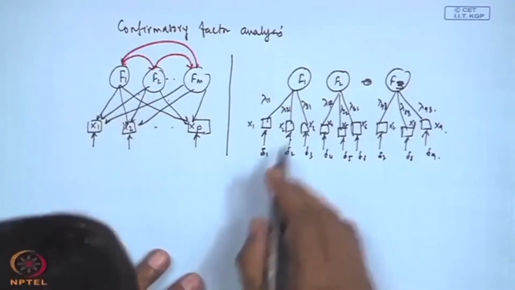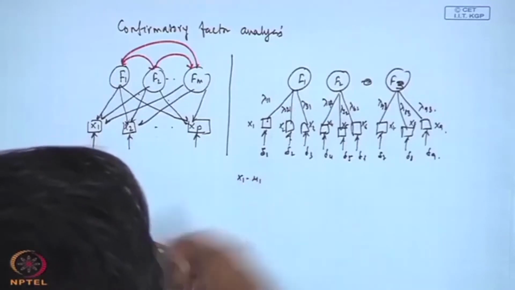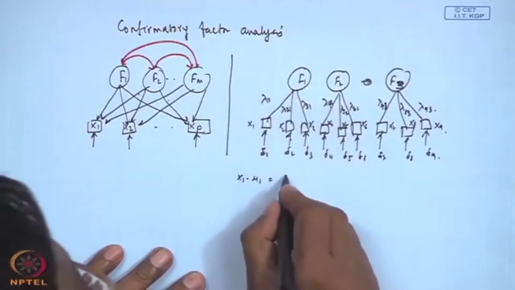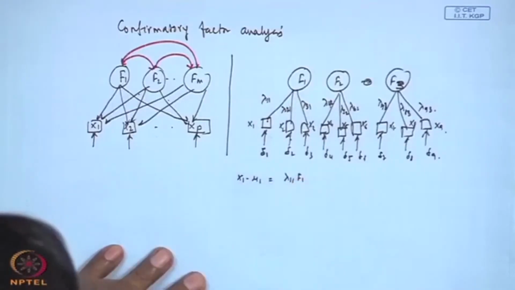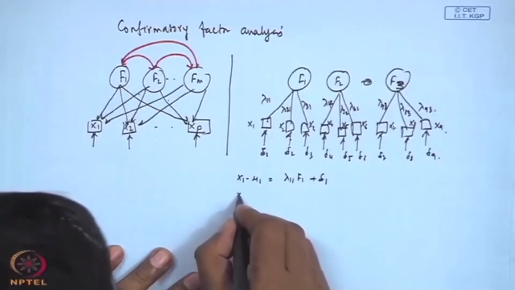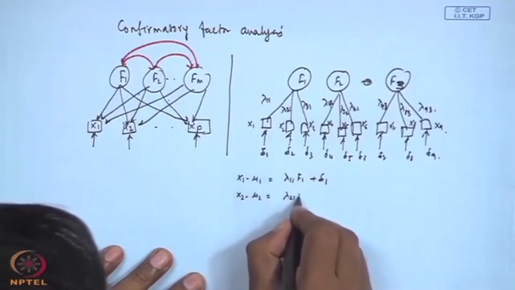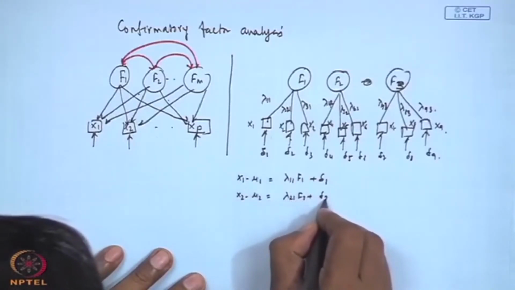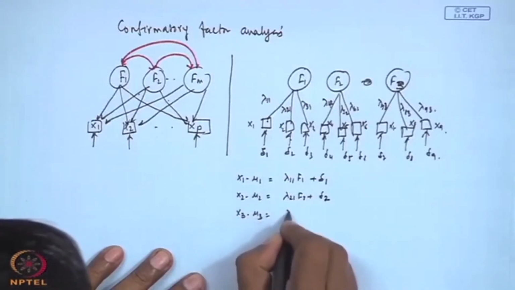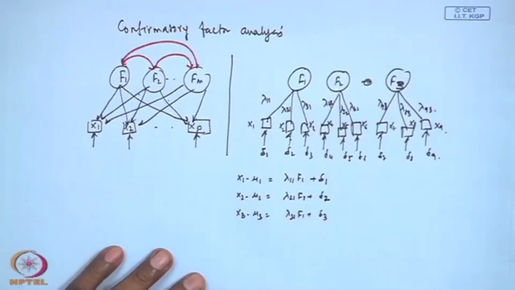Correct. Now if I want to write down the equations, you can write like this: x1 minus mu 1 equal to lambda 1 1 f1 plus delta 1. x2 minus mu 2 is lambda 2 1 f1 plus delta 2. x3 minus mu 3 is lambda 3 1 f1 plus delta 3.